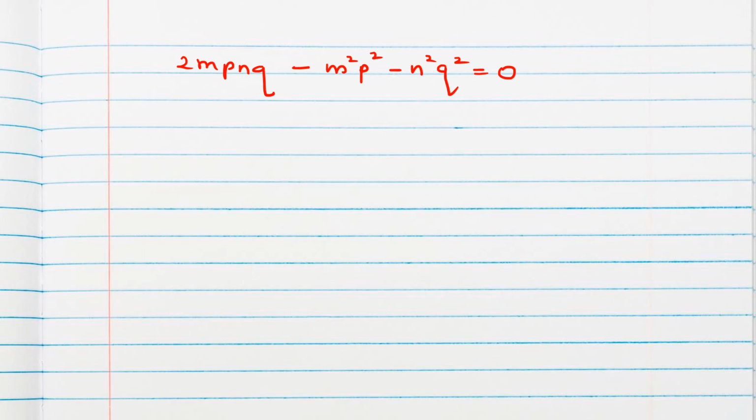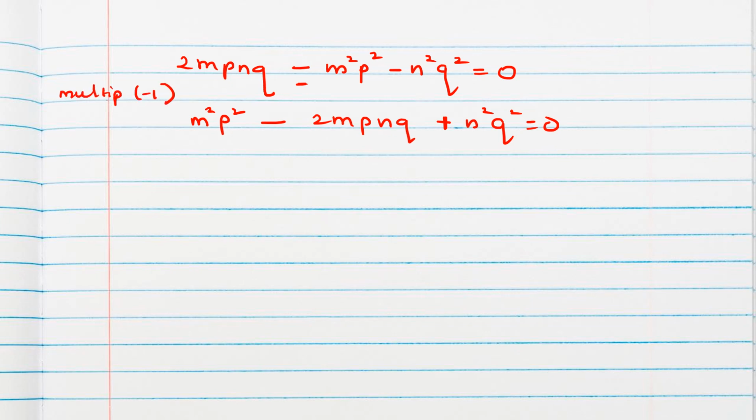So throughout, if we multiply with the minus sign also, why? Because I want this to be plus, and after rearranging the terms, we will get m square p square, here minus will come, and minus n square q square equal to 0 will become plus, because we are multiplying with minus 1.